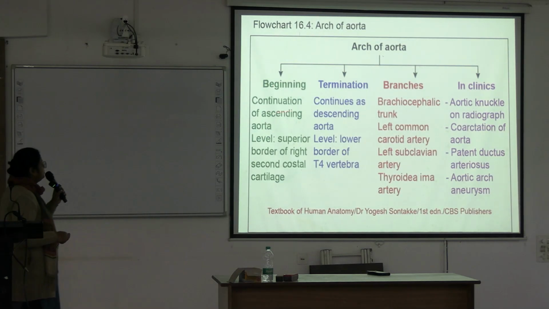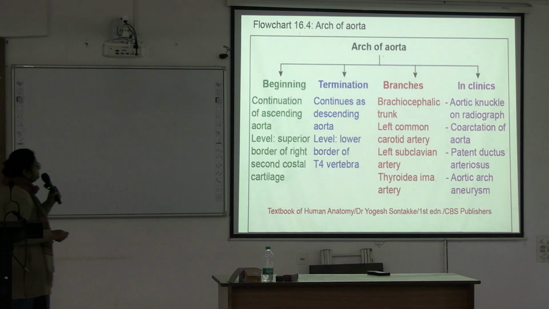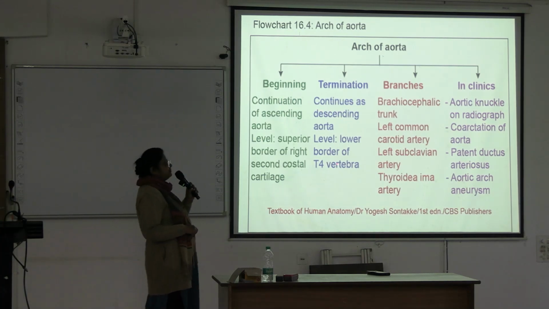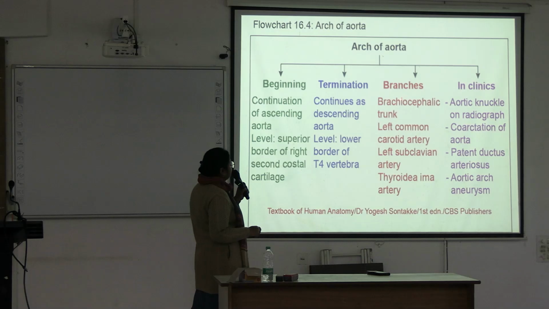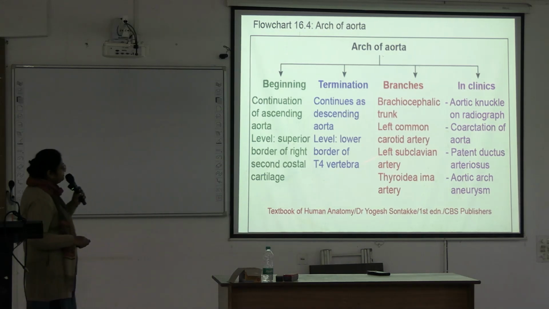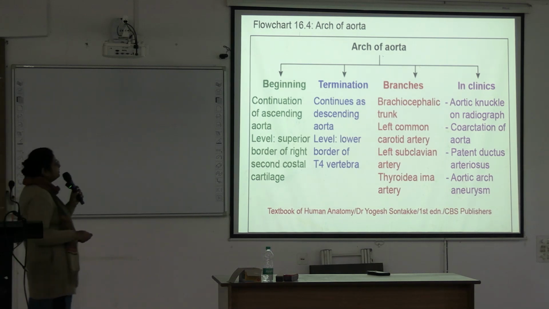It begins as a continuation of the ascending aorta at the level of the superior border of the right second costal cartilage. It terminates, continues as descending aorta, at the lower border of the T4 vertebra. Branches are these: brachiocephalic trunk, left common carotid, left subclavian, and occasional branch, thyroidea ima artery, okay.